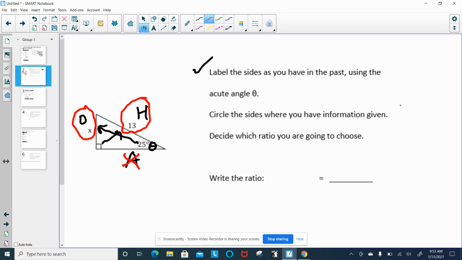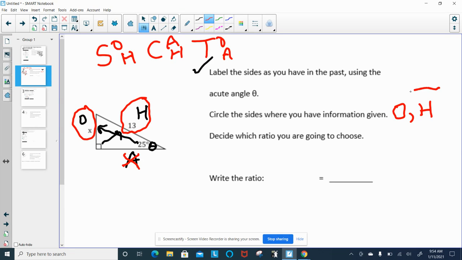So we're going to use the O and the H. And if we think about SOHCAHTOA, we have to now choose sine or cosine or tangent based on what we have information about.